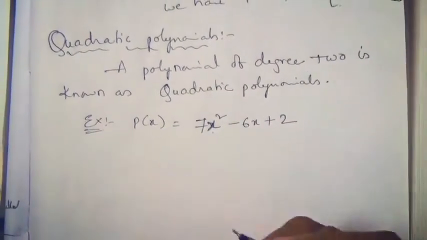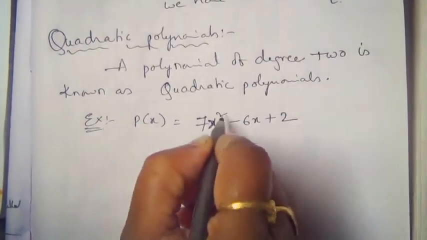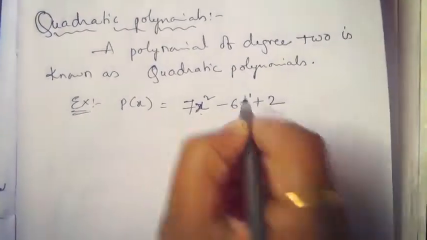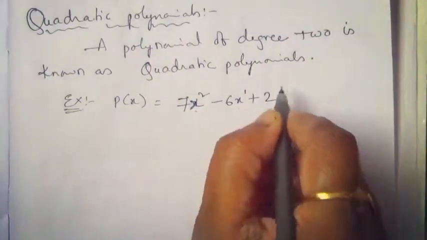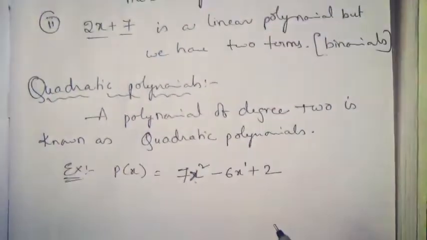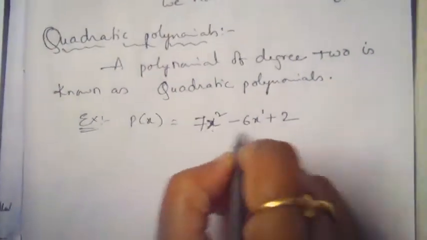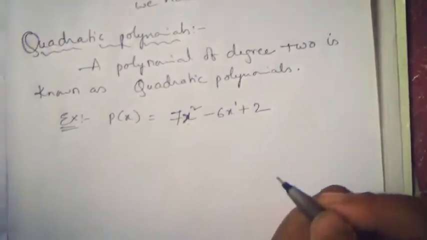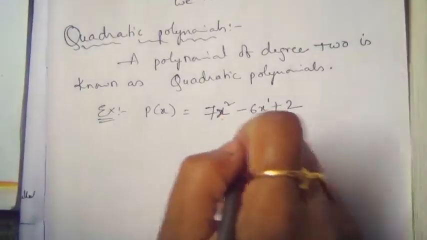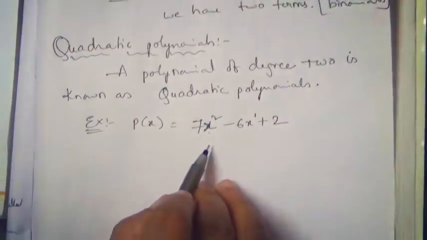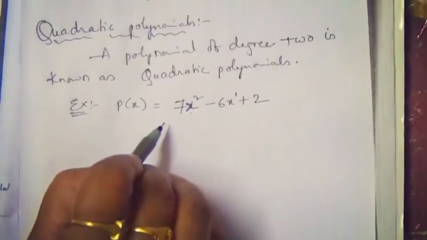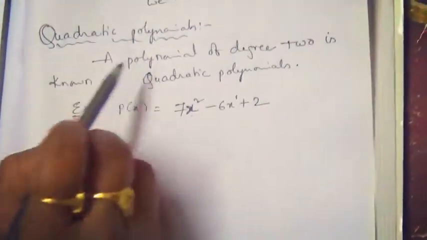So p of x has 7x to the power of 2, 6x to the power of 1, and 2x to the power of 0, just as we imagine, right? So what is the highest degree? 2. If the degree of the polynomial is 2, we call that a quadratic polynomial.